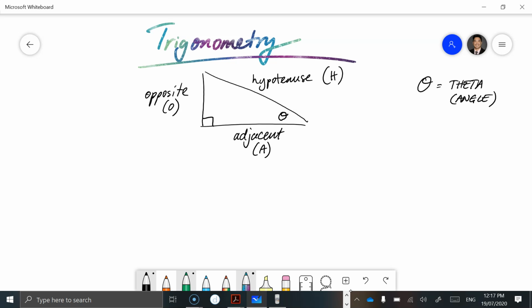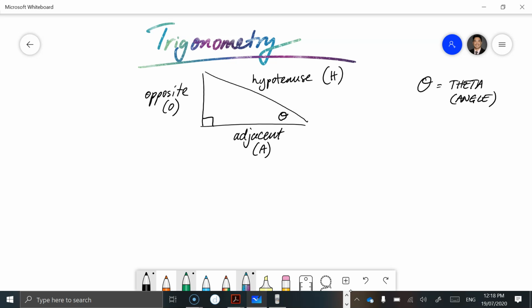Remember, a really handy tip with triangles, you need two pieces of information to work out a third. And with Pythagoras, it's always been two sides to work out a third side. But with trigonometry, we're going to be incorporating angles. You might have one side and one angle, and you need to work out a third piece of information given what you've been provided. Okay.